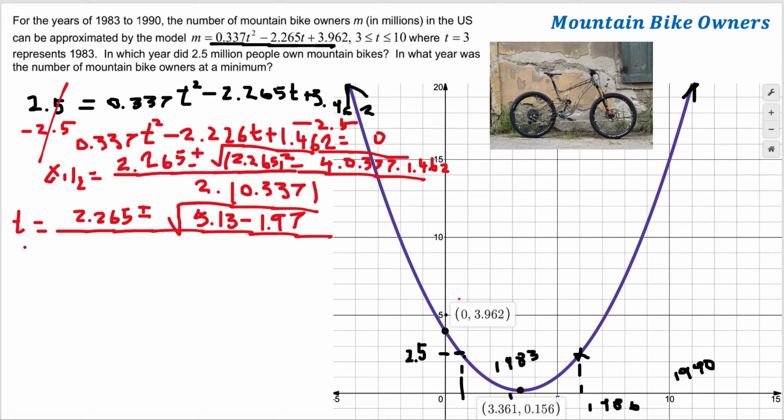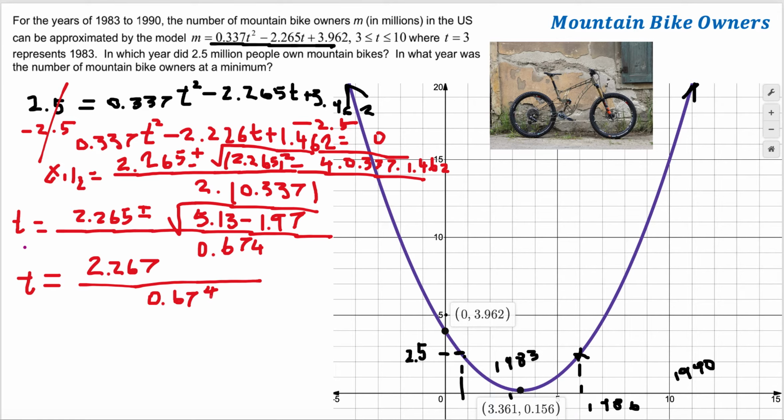Down I'm going to have 2 times 0.337, which is 0.674: 2 times 7 is 14, 2 times 3 is 6, plus 1 is 7, and 2 times 3 is 6, and here is a 0. Now t is going to be equal, let me go through everything here: 2.265, this I have to write the way it is, and down this is not going to make any changes when I calculate 0.674.